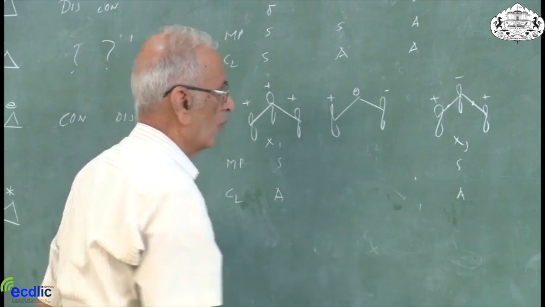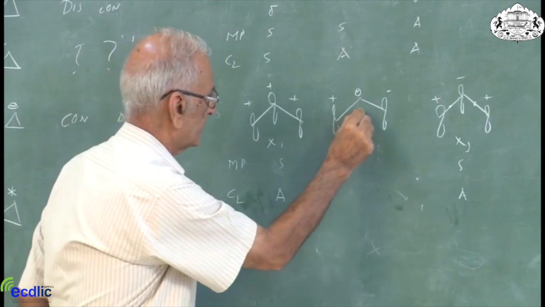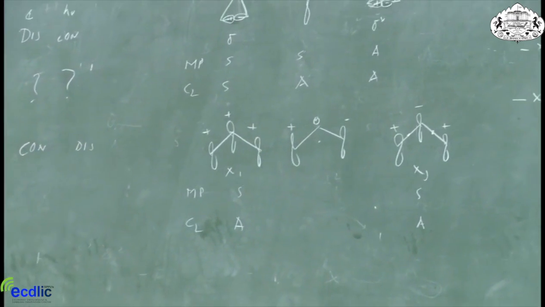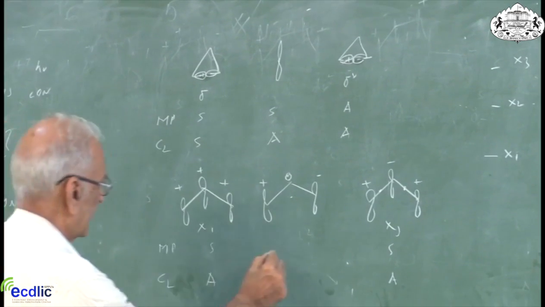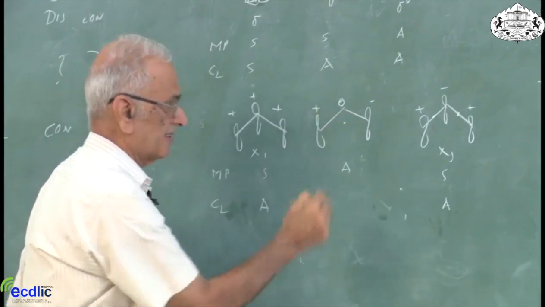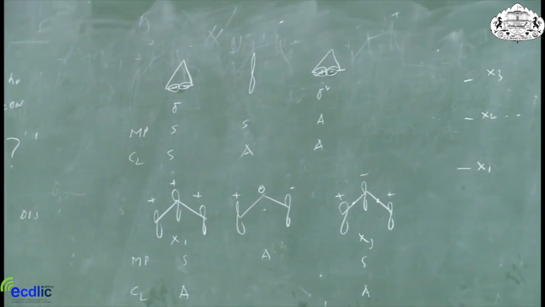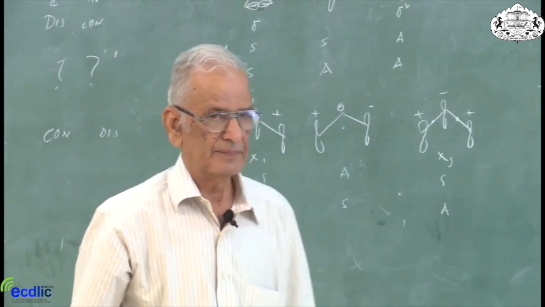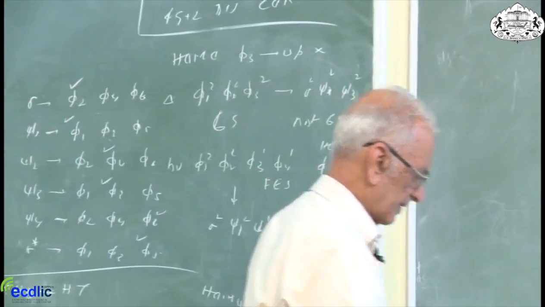Plus, 0, minus. So, it has only 1 node. All right. Mirror plane anti-symmetric, first and last are opposite, therefore, C2 axis is symmetric. So, very easy, very clean picture.